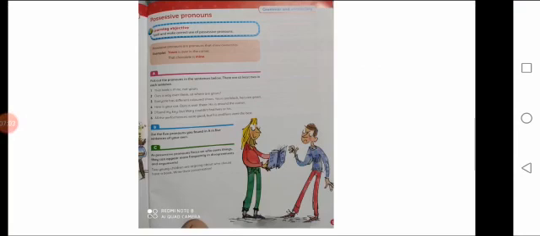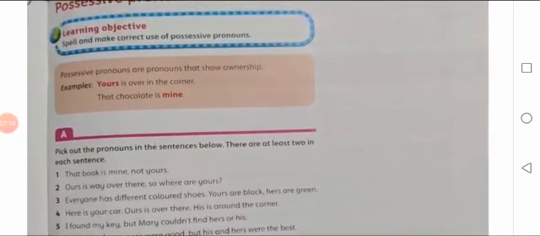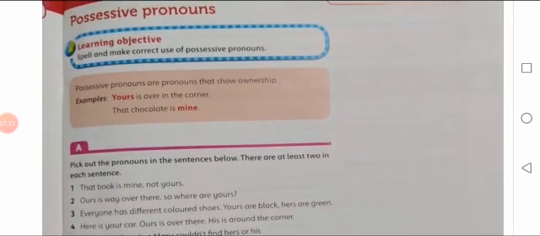The next page is about possessive pronouns. First of all, the learning objective is given. We have read this one. In the red box, again the definition of possessive pronoun is given. So I am going to read the definition. Possessive pronouns are pronouns that show ownership.